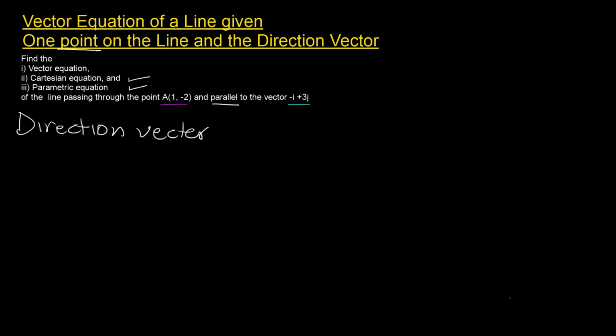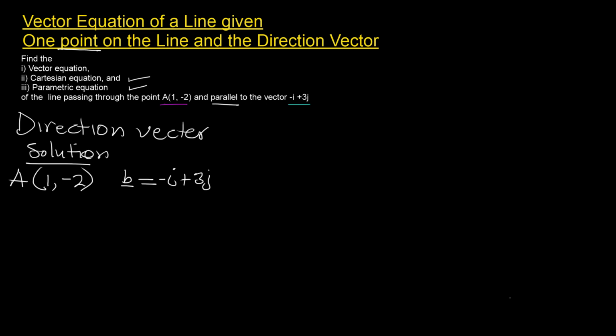So this gives us the direction vector. Our direction vector is minus i plus 3j. To solve the problem, we are given A(1, -2). Let's call the direction vector B, and that is minus i plus 3j.